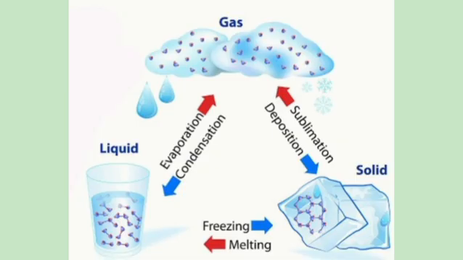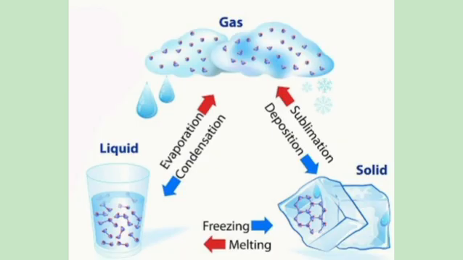For example, when the state changes from solid to liquid, it's melting. This means we give heat to the solid, then it turns to liquid. When it goes back to solid from liquid, it is freezing, which means we lower the temperature, then it turns back to solid.